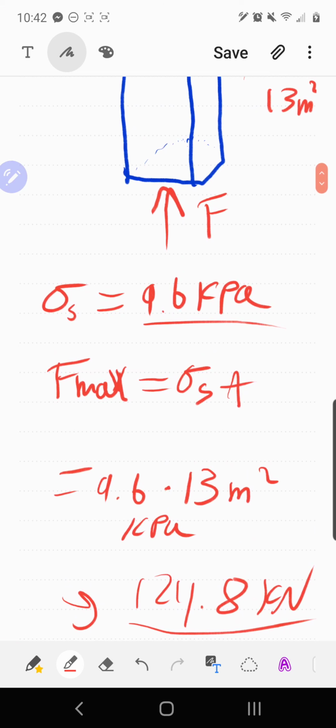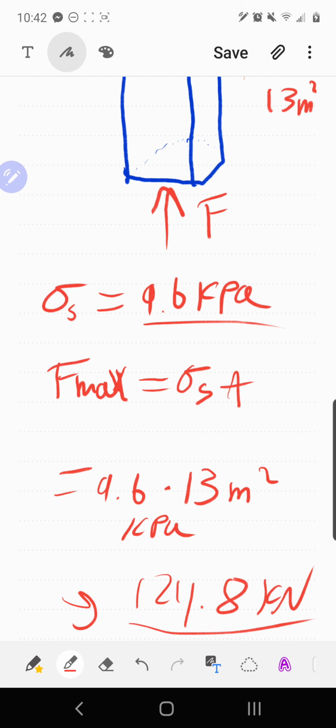So this one was just a formula. Since you asked for the maximum force, you take the maximum stress and multiply that by the area, because it will depend on the area of the material or device you're dealing with.